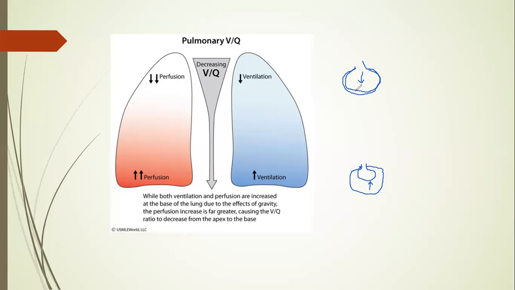Okay, now for the blood, remember we said that the heart is located at this area, but the blood is coming from the arteries. We have the pulmonary artery that will take blood to these areas. They take it around the middle part of the lung.